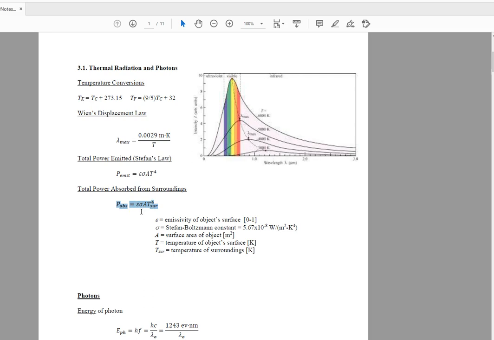Another thing that you don't have to remember, but I'll just throw out there, is what we mean by the terms black body and white body in thermal physics. So a black body is something that absorbs thermal radiation really, really, really well.